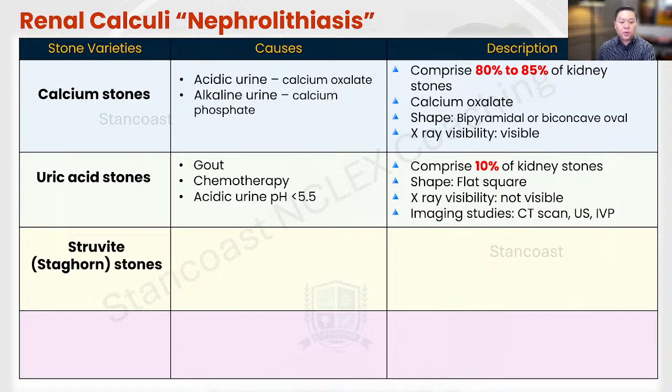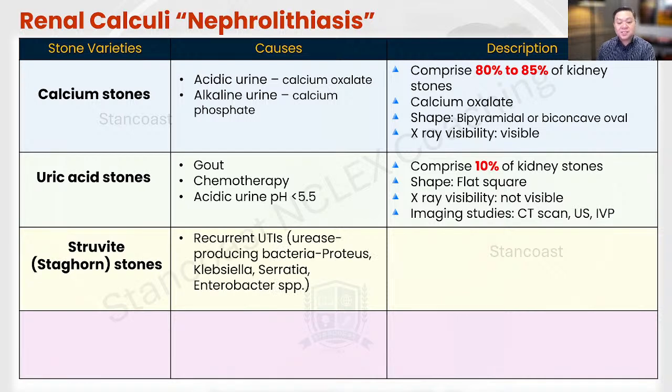This can occur in patients that have recurrent urinary tract infections, wherein they have UTIs with urease-producing bacteria, like Proteus, Klebsiella, Serratia, or Enterobacter. So please take note of those common urinary tract infection microorganisms, and they are going to cause the staghorn and struvite type of stones.